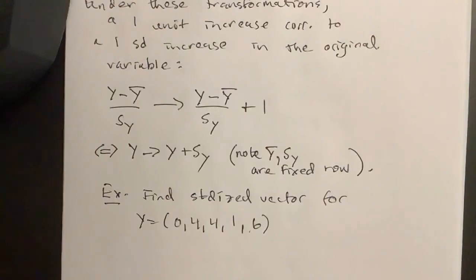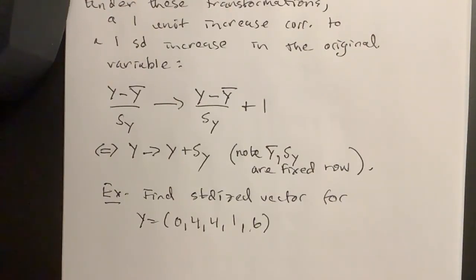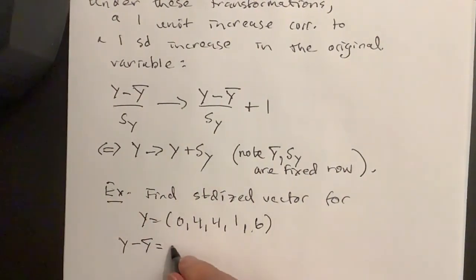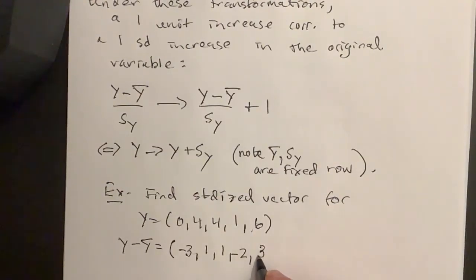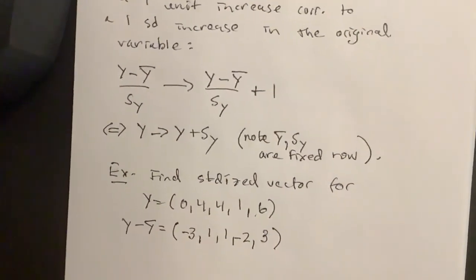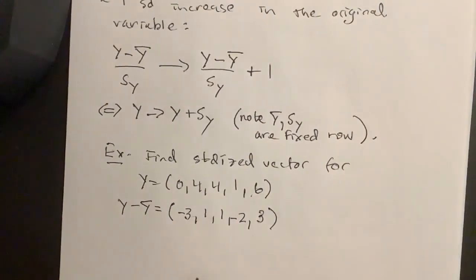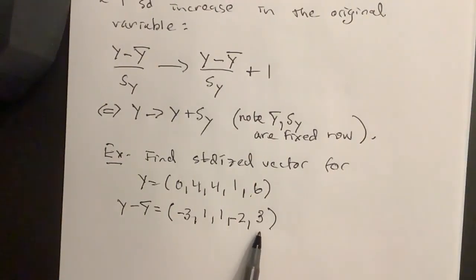Okay, there we go. I'll give you a second. Y bar is 3, right? So y minus y bar is equal to minus 3, 1, 1, minus 2, and 3. First thing you should notice is that the elements add to 0.